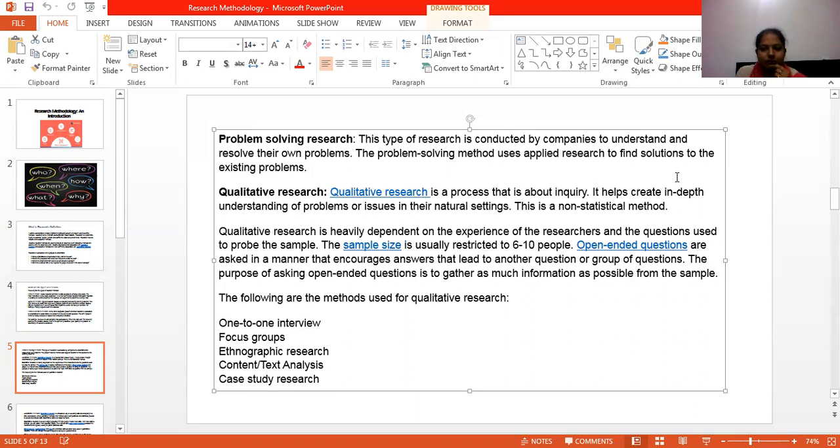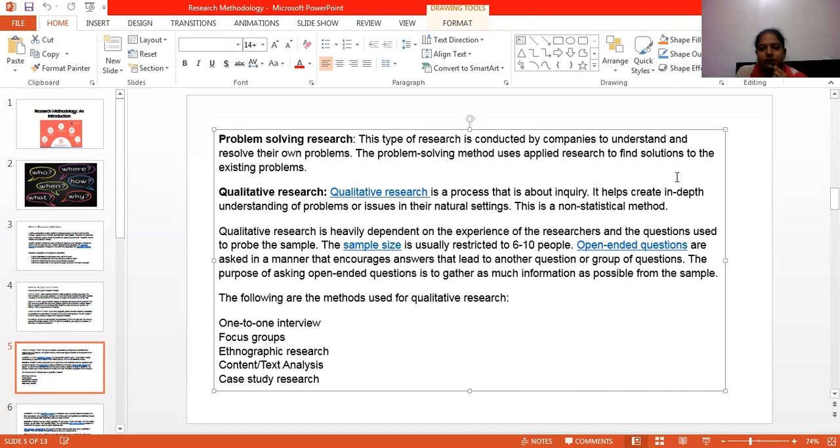Qualitative research. Qualitative research is a process that is about inquiry. It helps create in-depth understanding of problems or issues in their natural settings.